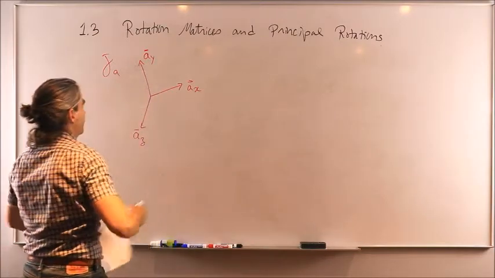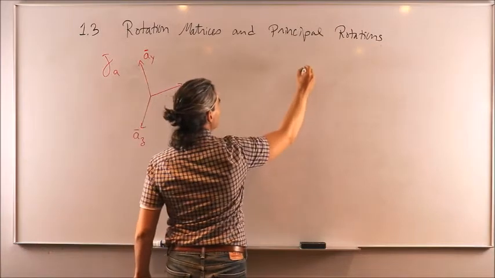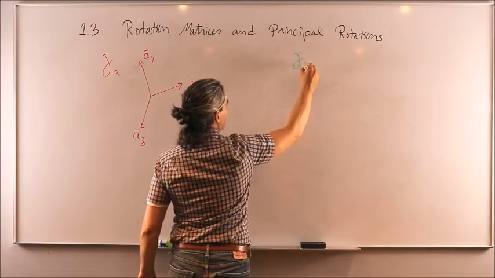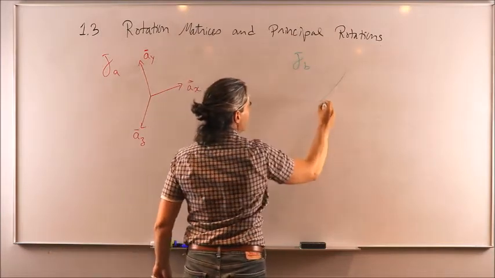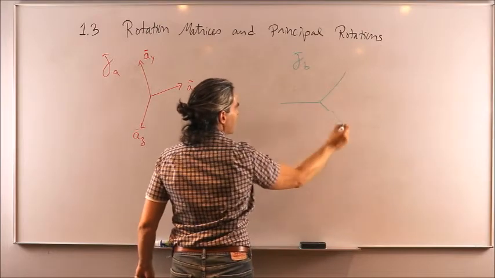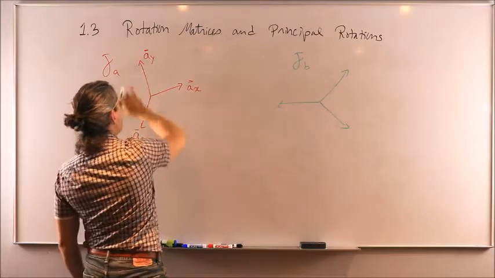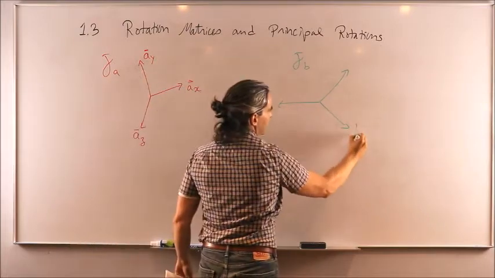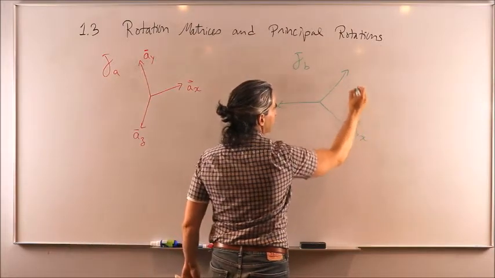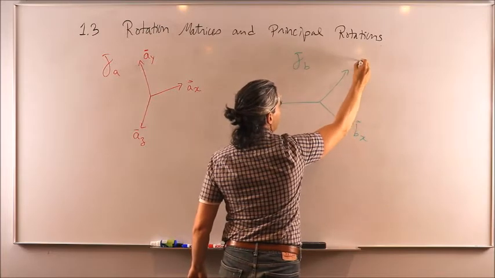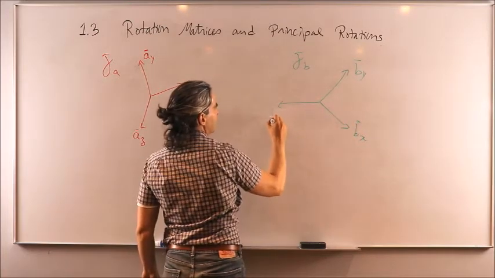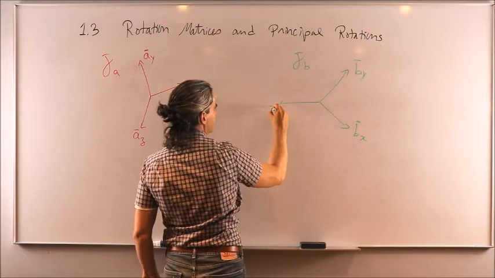You also have another reference frame. Let's call it reference frame B, that also has three unit vectors, but happens to be oriented differently than reference frame A. It's Bx unit vector like here, By over here, and Bz over there.